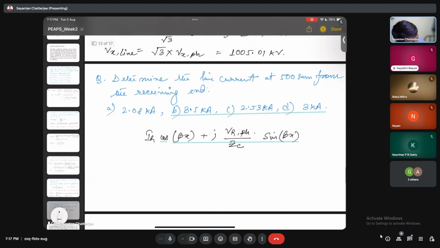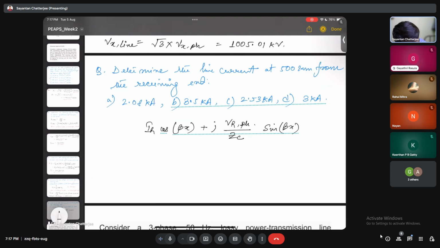Phase means equivalent to line by root 3. So this will give the value of IS.